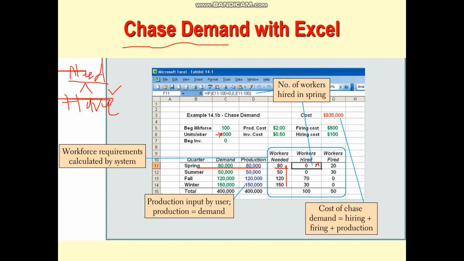So if the number of workers I need is smaller than the number of workers I have, it means if E11 is smaller than C5, because C5 is the initial beginning workforce that we have.